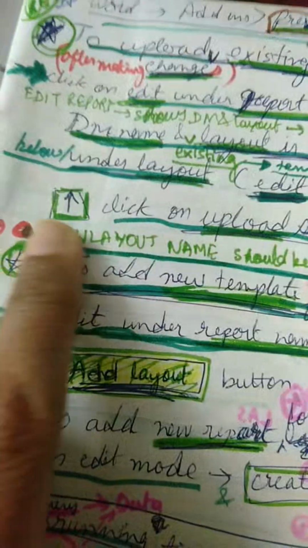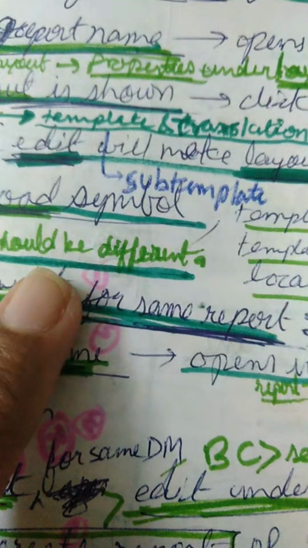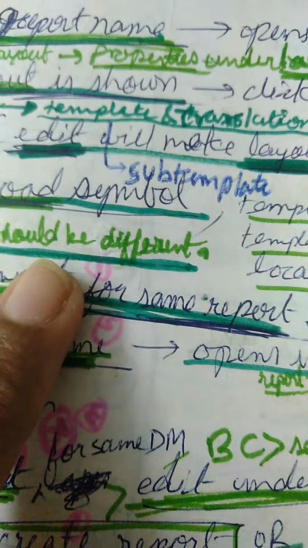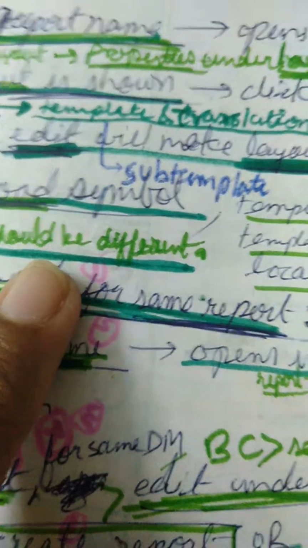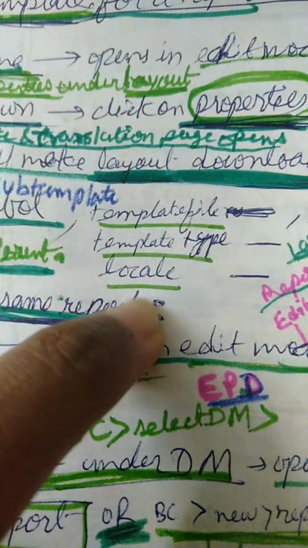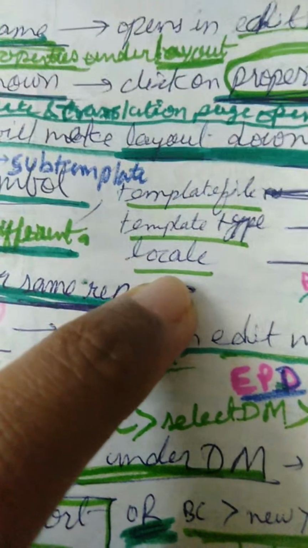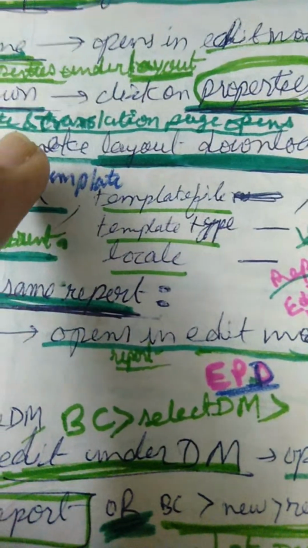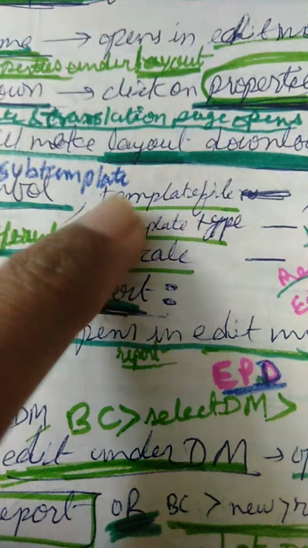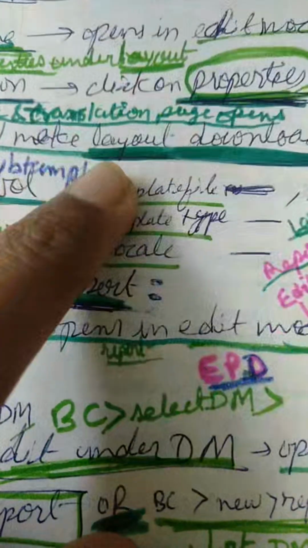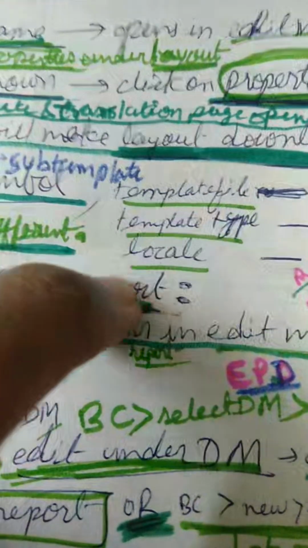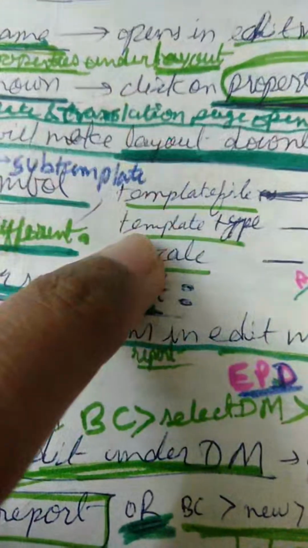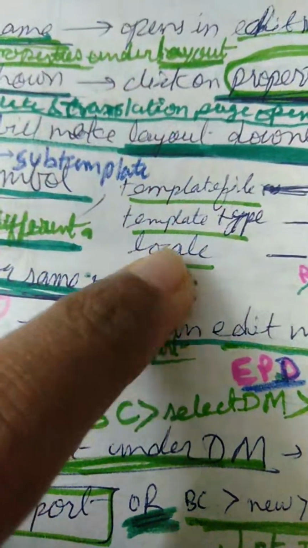So click on that. You have the upload option symbol like this, and in the upload option, what we do is we give the template file name, template type and locale. Usually whenever I upload any kind of RTF, it gives me four things: upload file name, template file name, template type and locale.